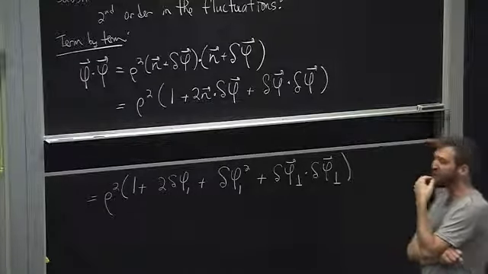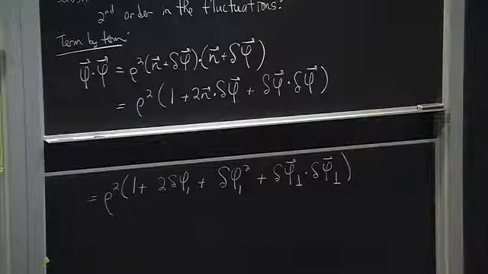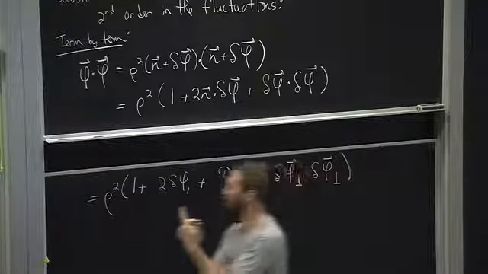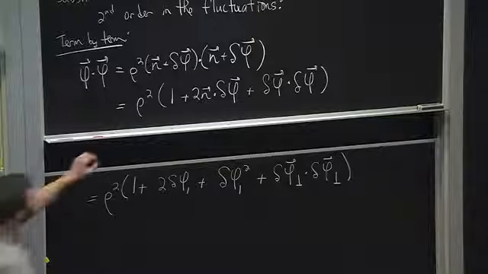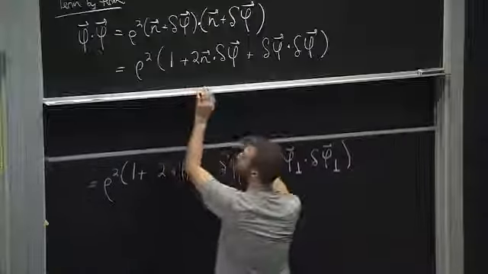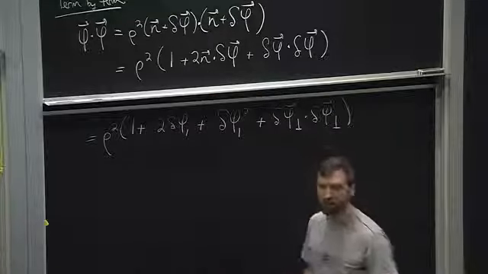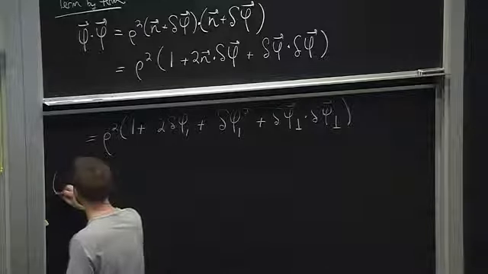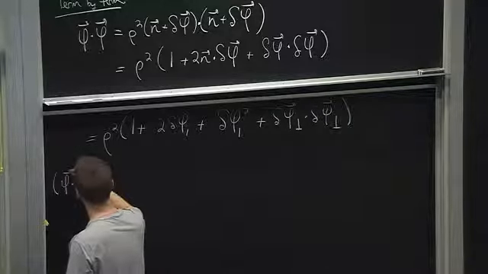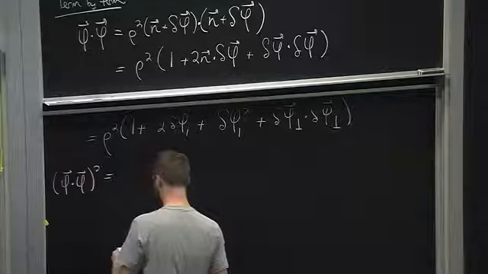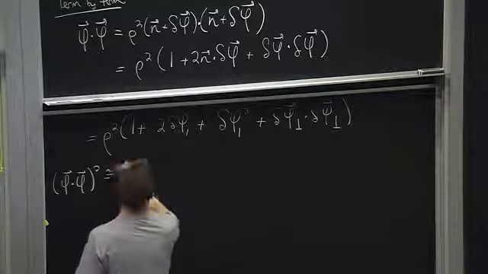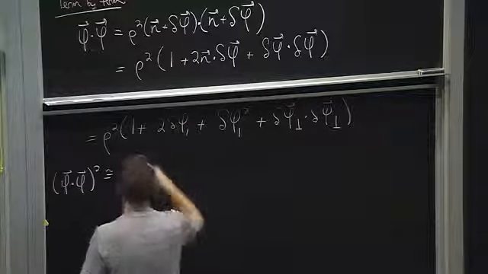Okay, we'll leave it at that. Then we need phi dot phi squared. So that's the equivalent of the phi 4 term up here, with coefficient u over 4. And let's only keep, again, second order in fluctuation.